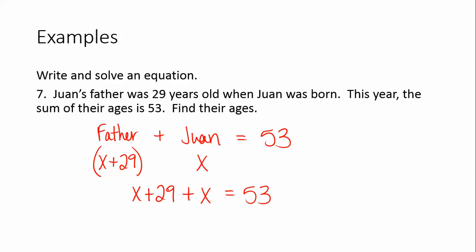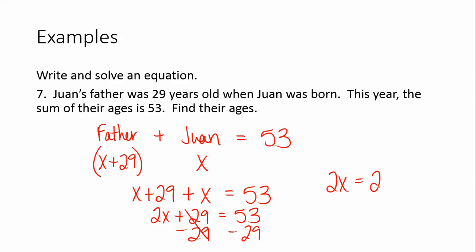Here we have two x's that we need to put together. So 2x plus 29 equals 53. Subtract 29 from both sides. And you get 2x equals 24.